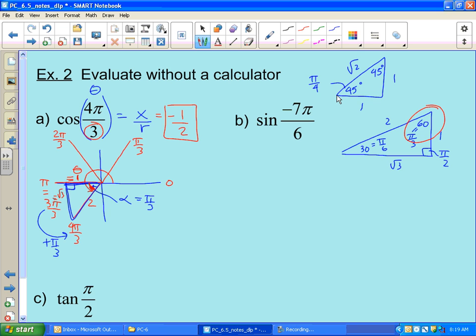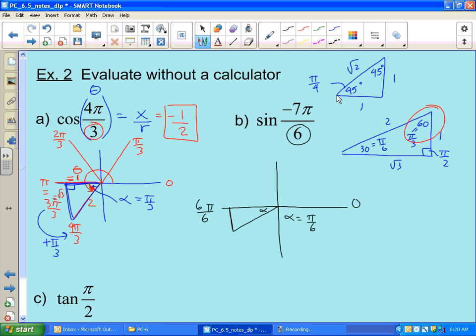All right, let's go try this with our sine. So I'm splitting into 6 now, 0 to pi, which is 6 pi over 6s. And to go to a 7 pi over 6, I've had to add another pi over 6. So there's my reference angle of pi over 6.